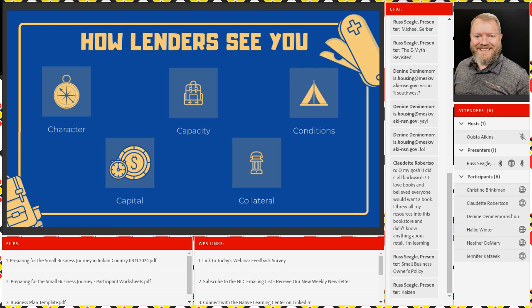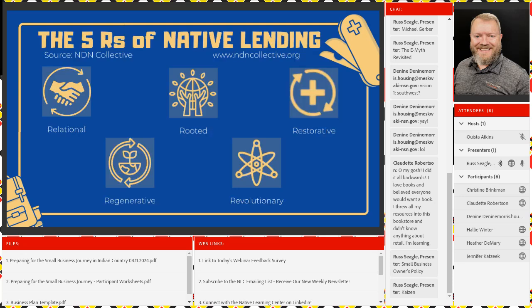More and more, though, in the native CDFI world, among our 70 or so native CDFIs, we are starting to adopt something that the Indian Collective came up with. I've put their website here if you want to learn more: Indian Collective.org. It's the 5 R's of native lending. Is this business built on relationships?